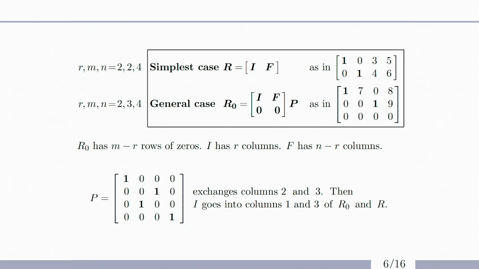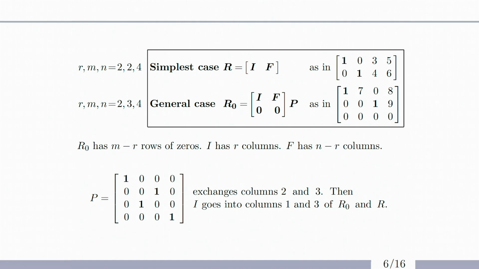And now in that R0 case, that second example, there's a P. What is that matrix P doing there? Well, it's a permutation matrix, an exchange matrix, because the identity in this second example is not in columns 1 and 2, it's in 1 and 3. So that P has to put it there.